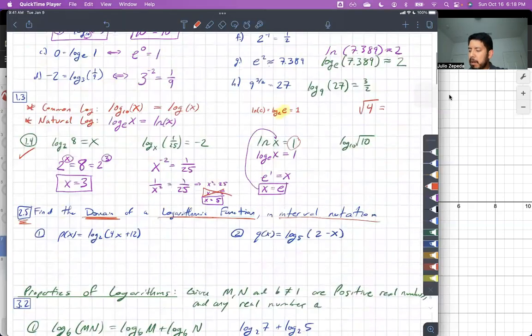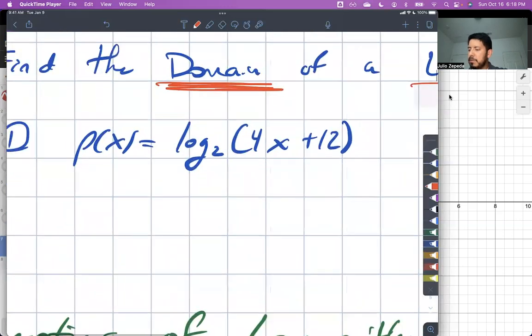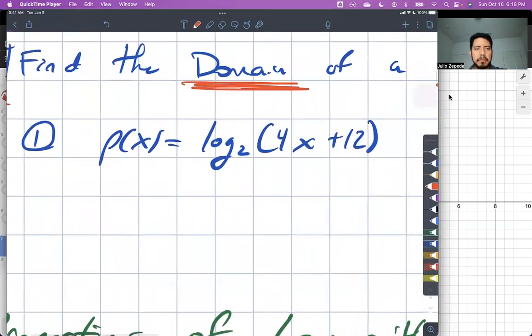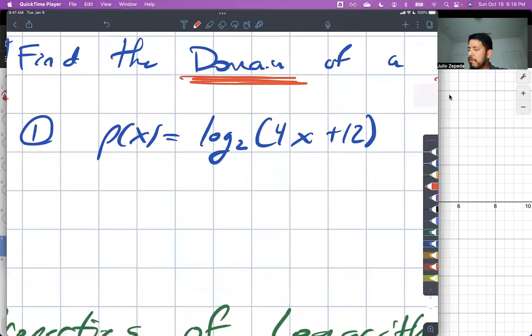Therefore, we want the argument here to be larger than 0 as well. So we need to find out what values of x would make this argument larger than 0. The best way to do that is just to write the argument, set it larger than 0, not equal to 0, larger than 0, and solve for x.